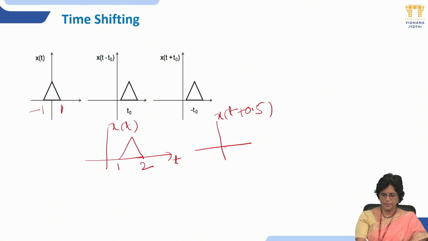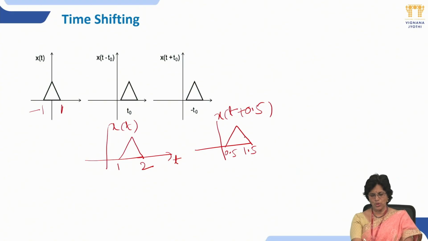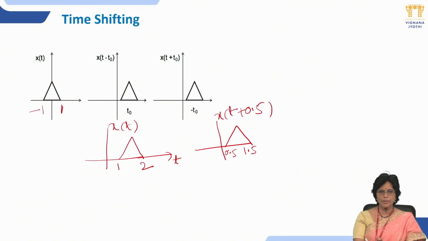The same signal you will get, but your axis moves, from 0.5 to 1.5. Even though it is a positive pulse, your signal may be positive or negative. You should not judge by that. By seeing the duration, you should be able to clearly tell how your signal is moving, whether left or not.